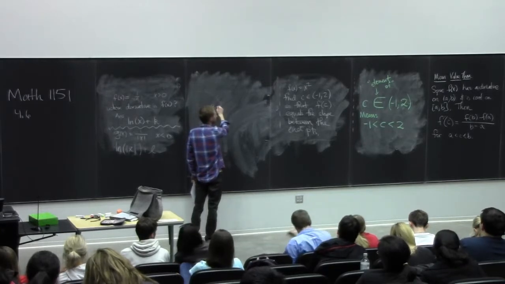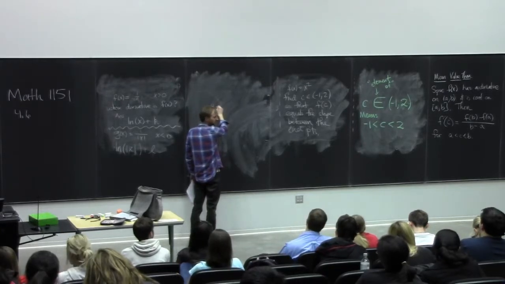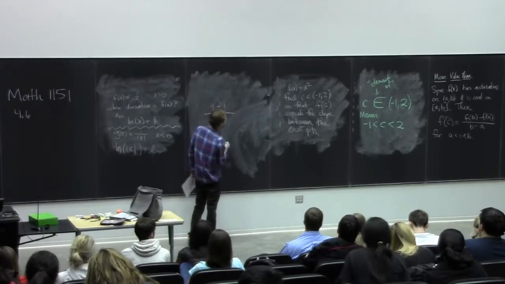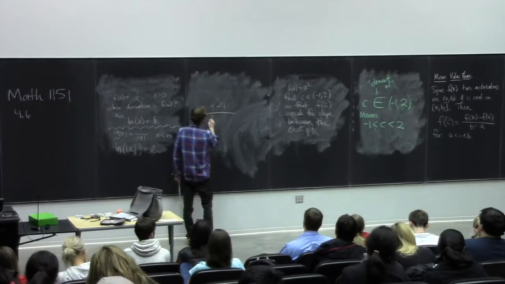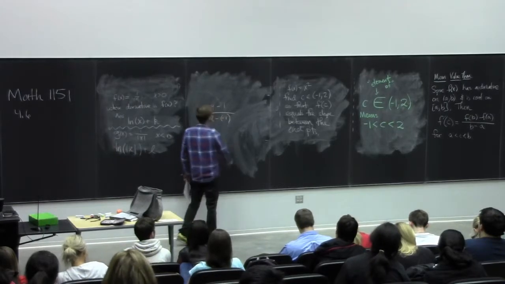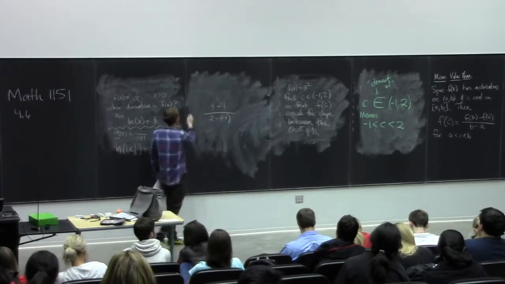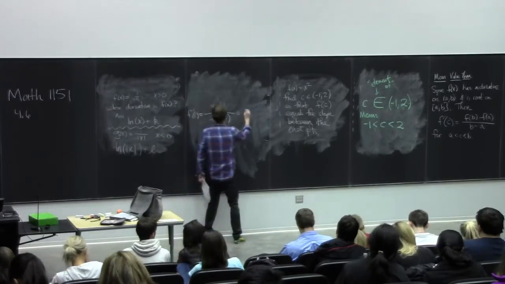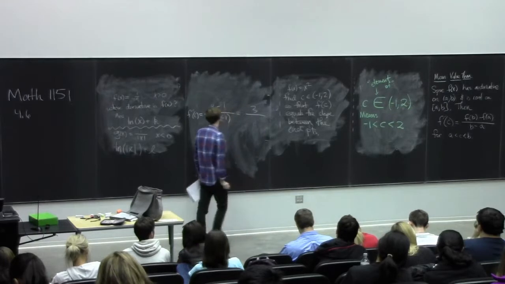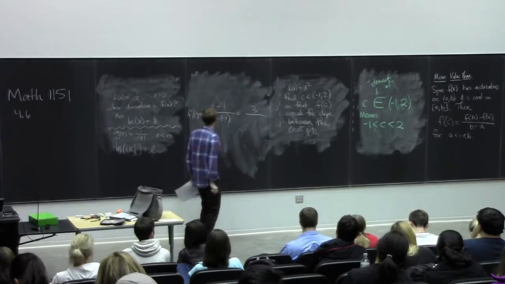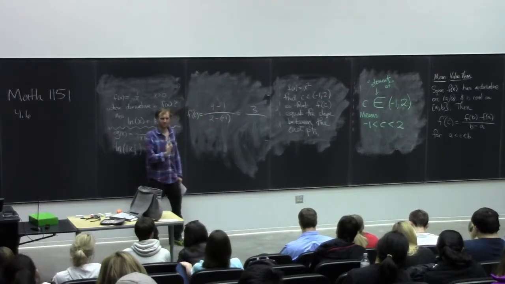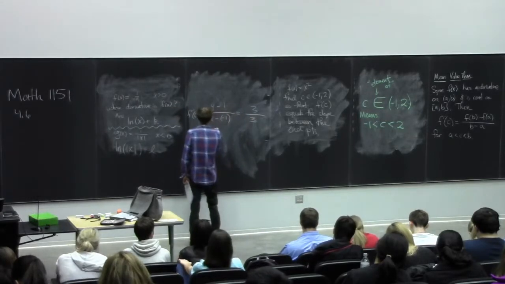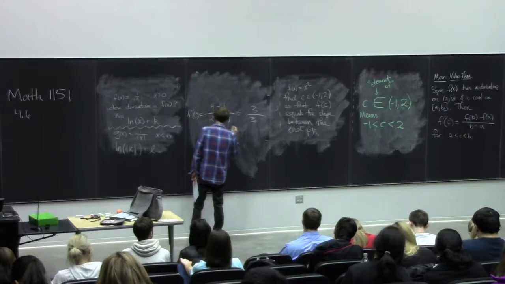What's f of -1? 1, so it's 4 minus 1 over 2 minus -1, right? We want f prime of c to equal this, and so we get 3 over 3. So we want f prime of c to equal 1.